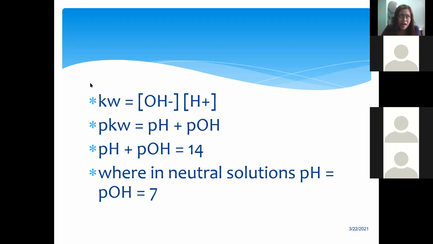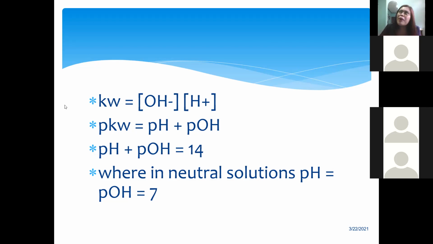This one is the ionization constant for water. Kw is equal to OH negative and then H plus. Mo ni atong unang gi-compute class nga the value of the Kw is 1.0 times 10 raised to the power of negative 14.